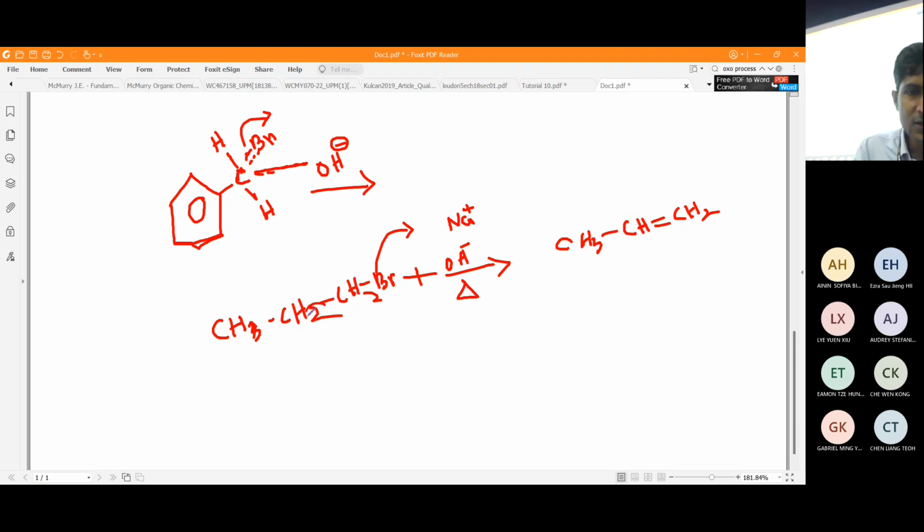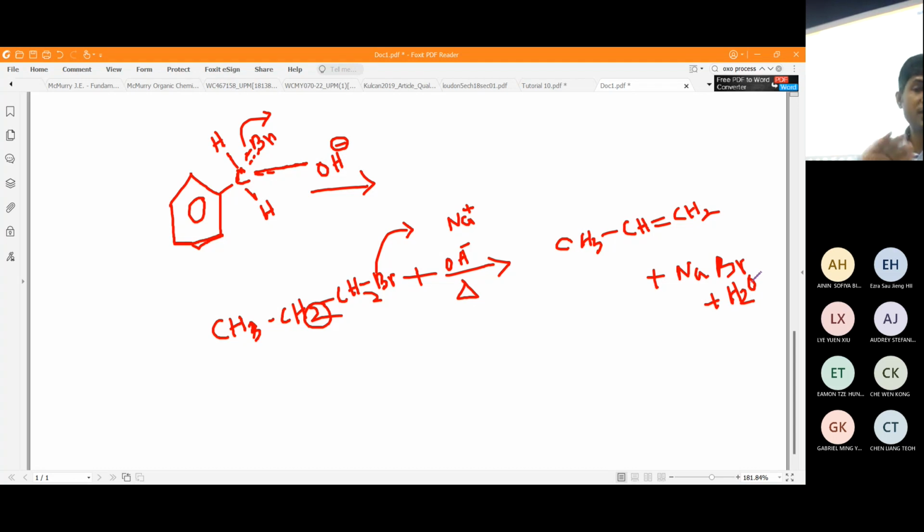And then one hydrogen is taken away from there by the hydroxyl ion, producing water. So sodium bromide and water. So this is an elimination reaction.